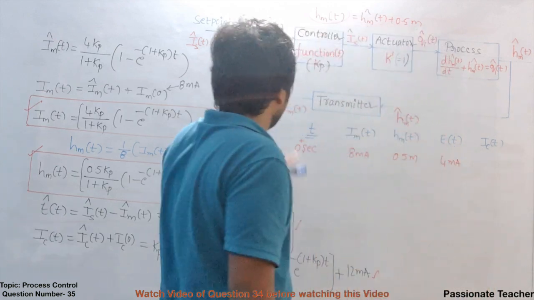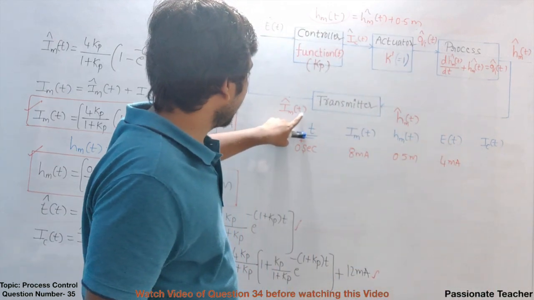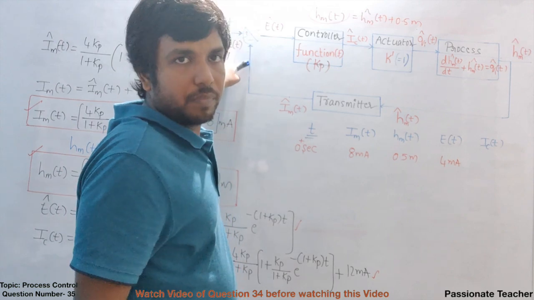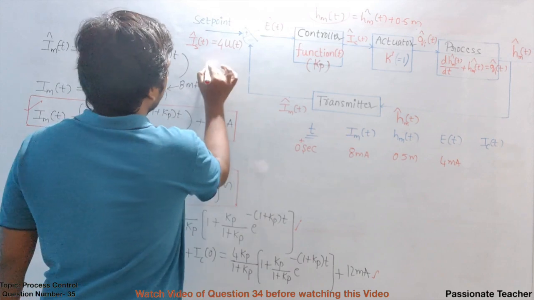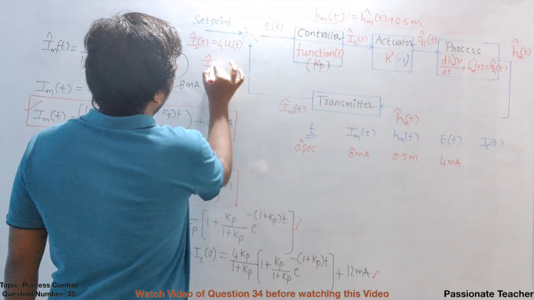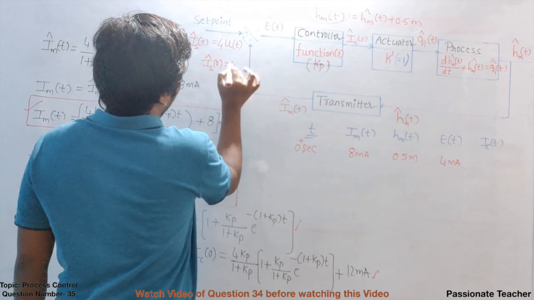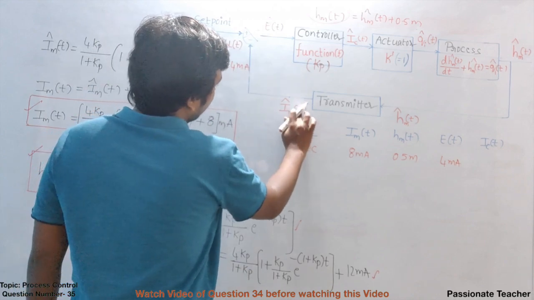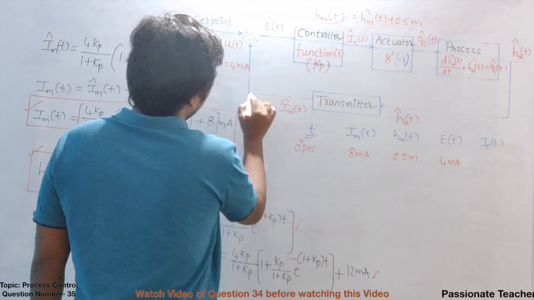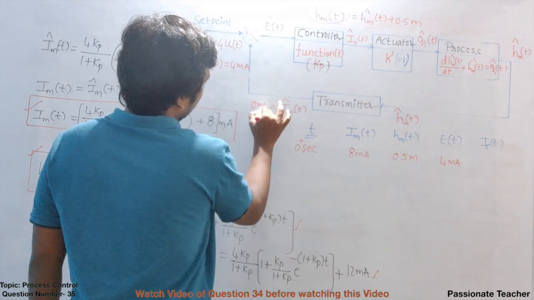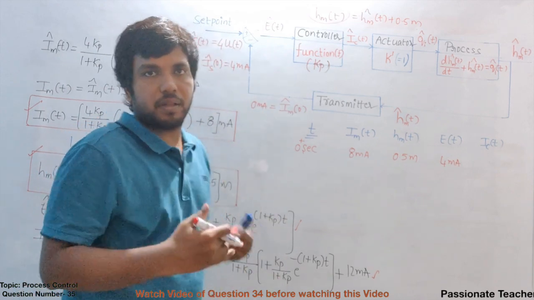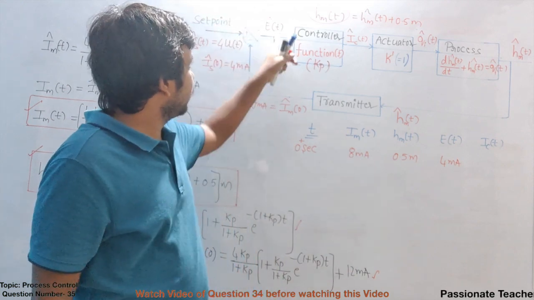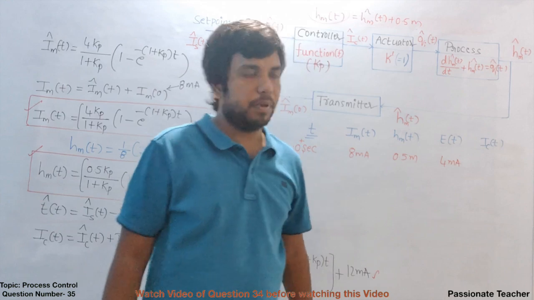Because we know that IM(0) is equal to 0, but IS(0) is equal to 4 milliampere. So initially the meter current has not deviated, then 4 minus 0 will be equal to 4 milliampere.